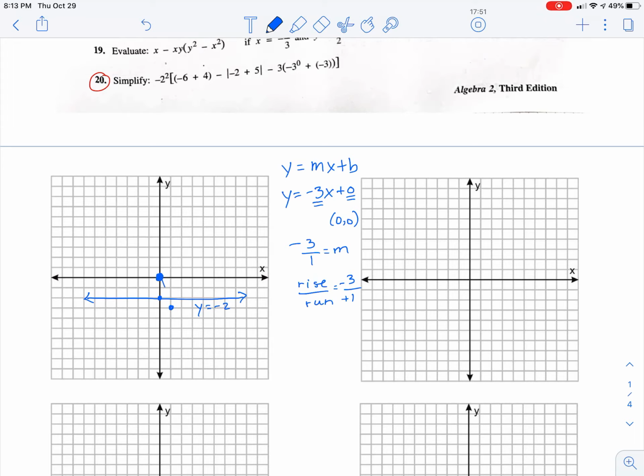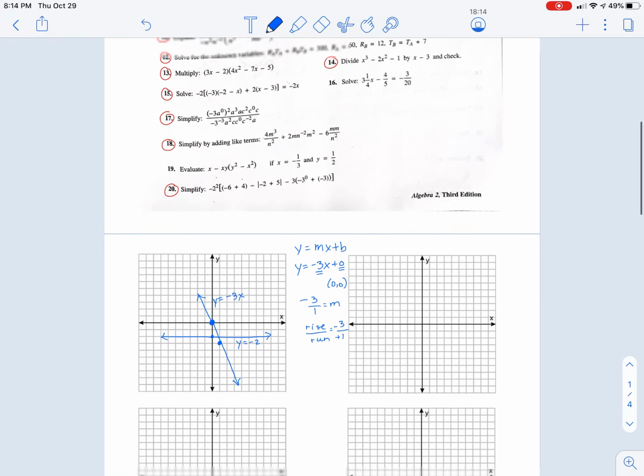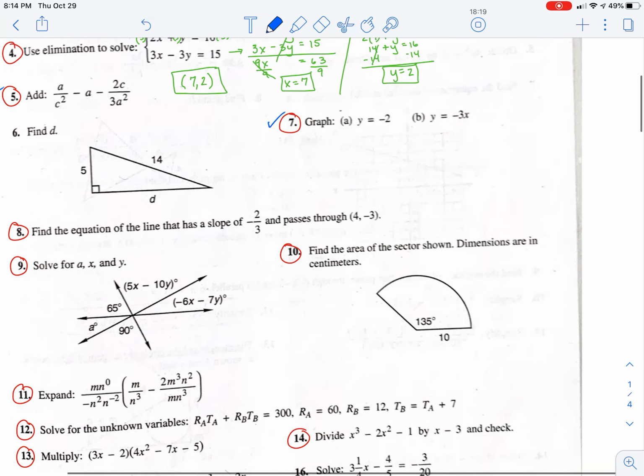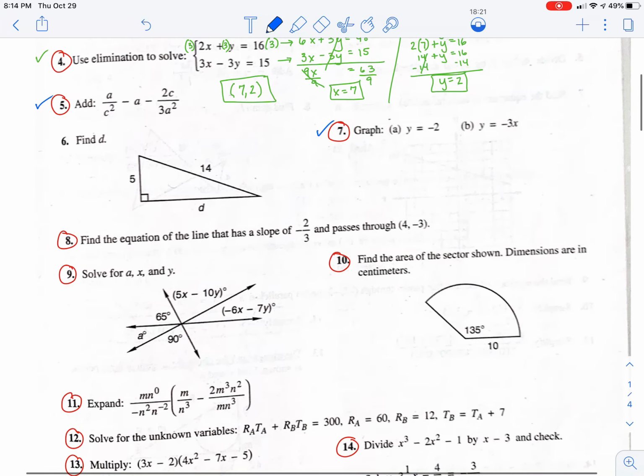And I'm going to draw my line. And that is the line y equals -3x. I didn't draw my line perfectly because it's hard to, but if you have a ruler, you can make it look a little nicer. Okay, so that's how you graph those two lines using your y-intercept form. Number 7. Let's move to number 8.